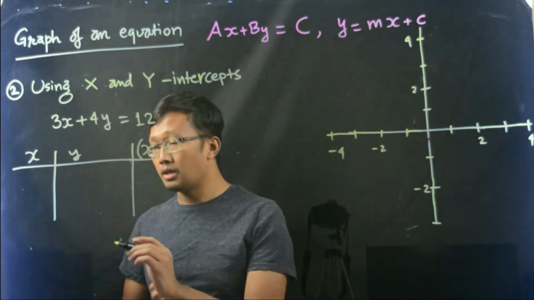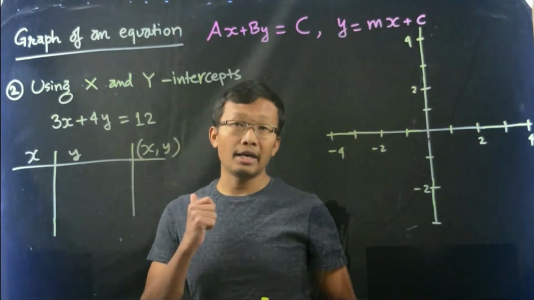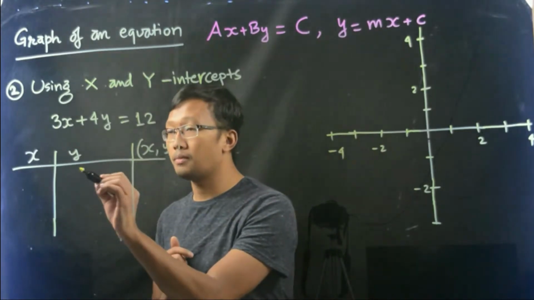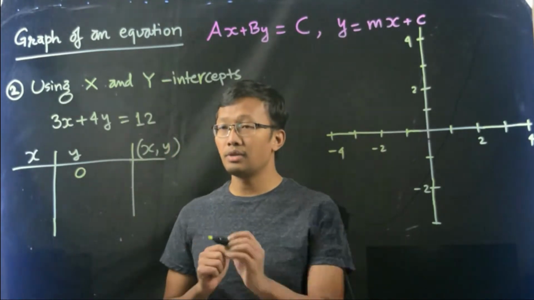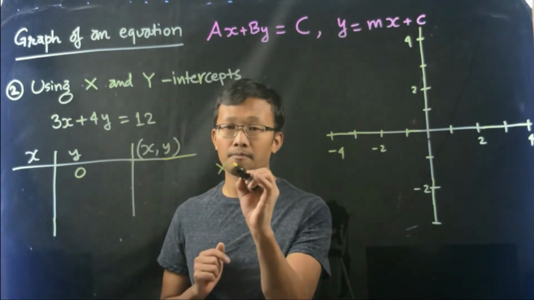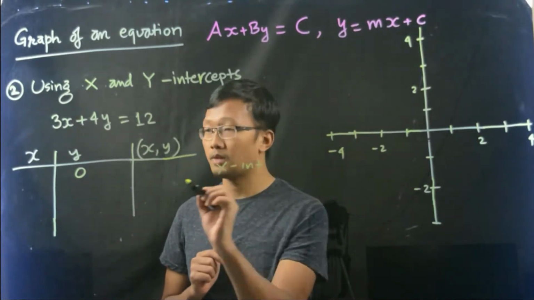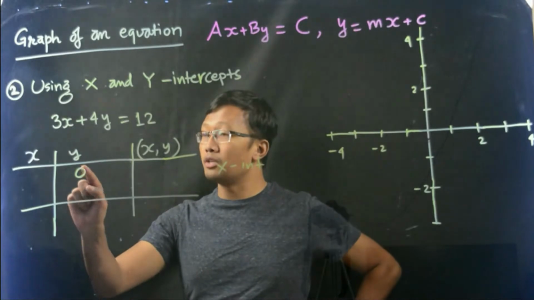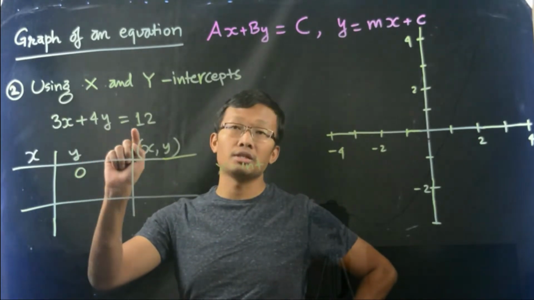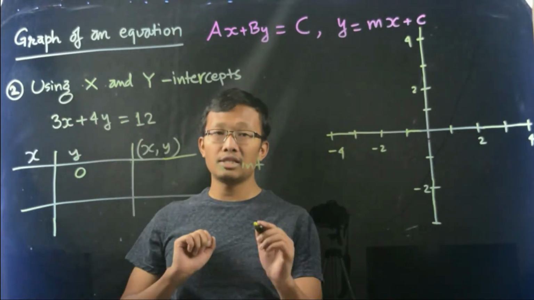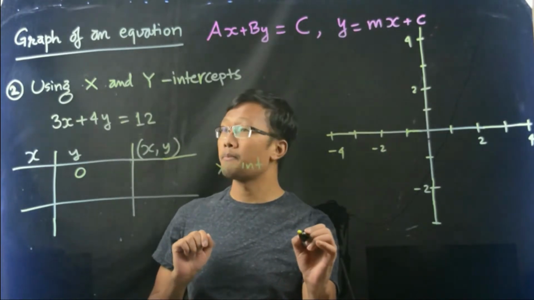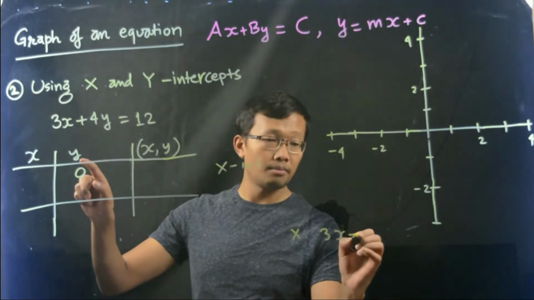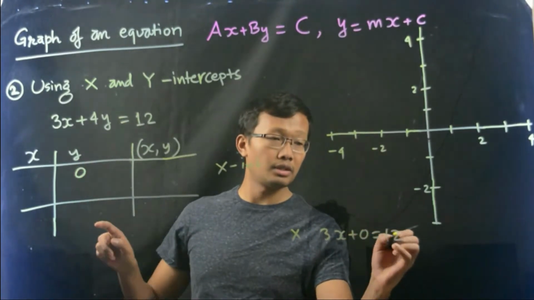Now, to find x-intercepts, we plug in y equals 0. This will give us the x-intercept. So let us plug in this value y equals 0 in this equation. Then you will see that for x-intercept, 3x plus 0 equals 12, right?